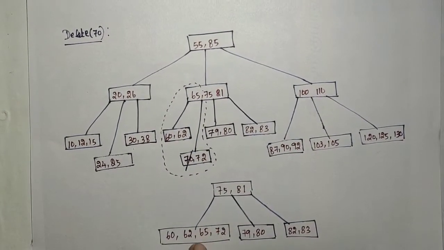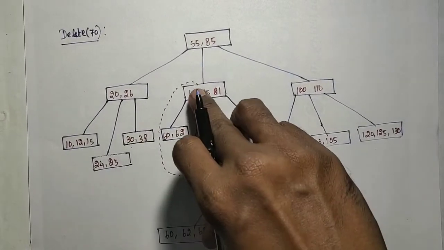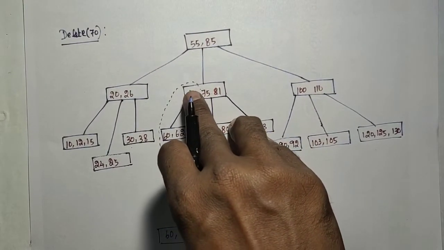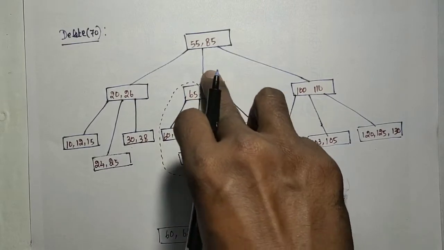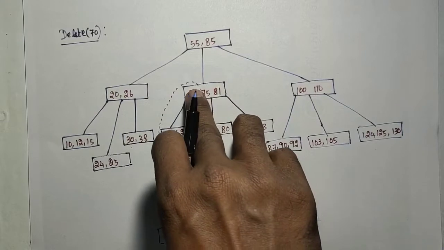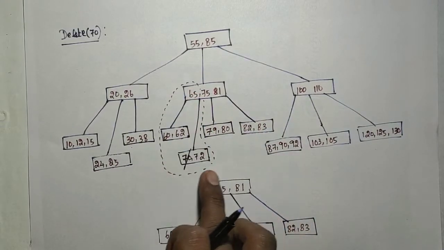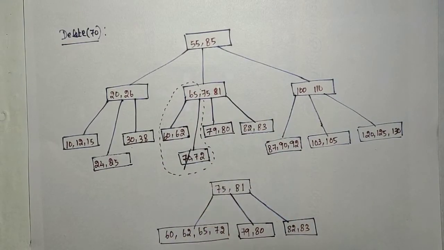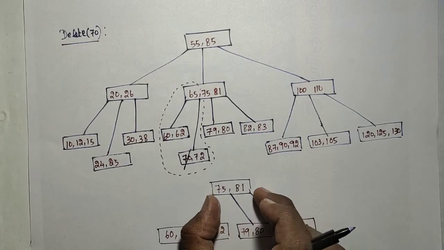Suppose after merging we have moved one element from the parent to a child. Okay, this node gets altered. We need to ensure that after moving the 65, the parent is having the minimum number of elements, because that node is losing one element.